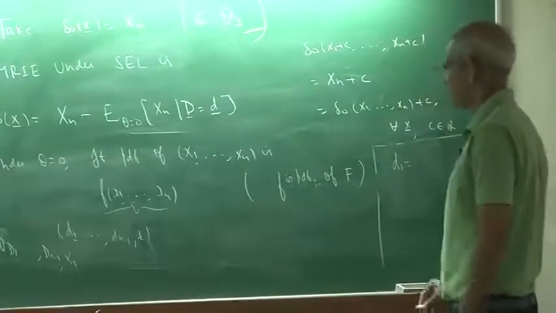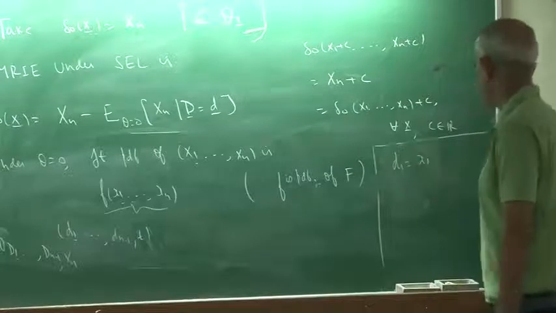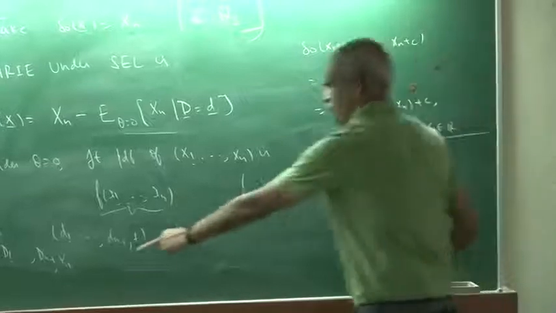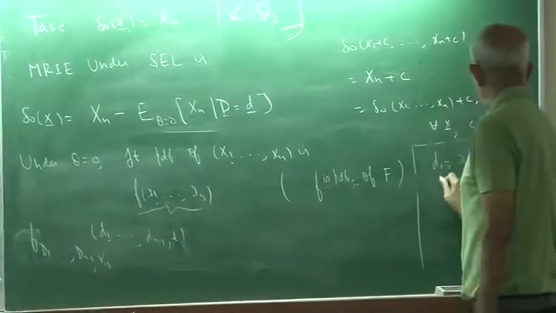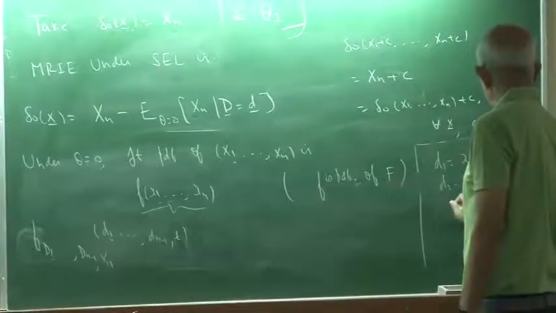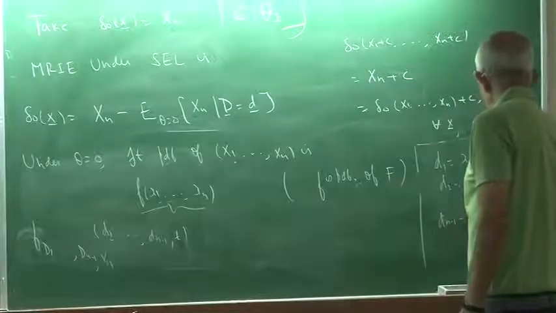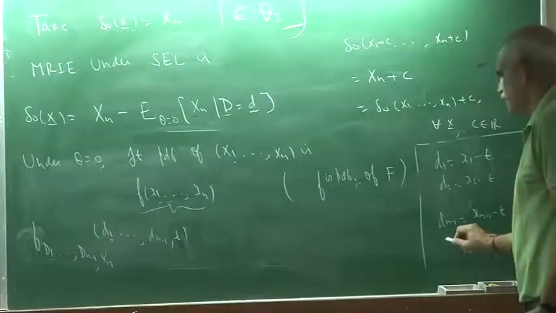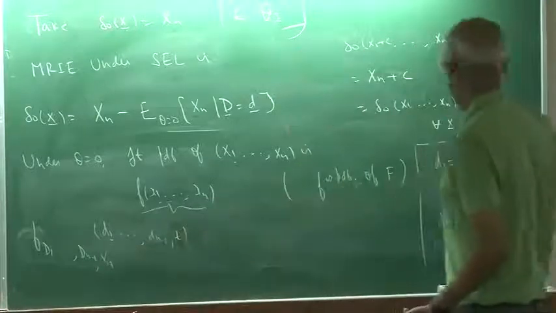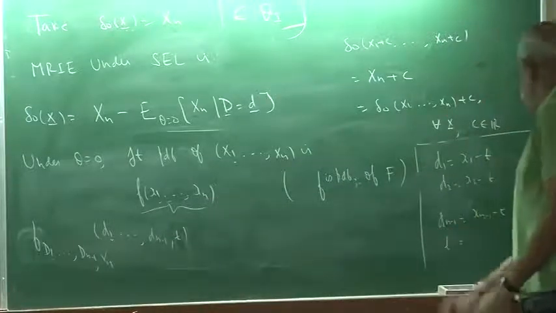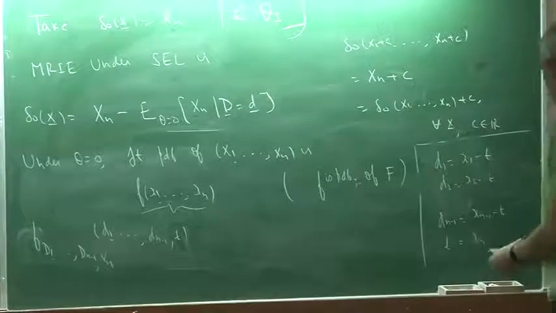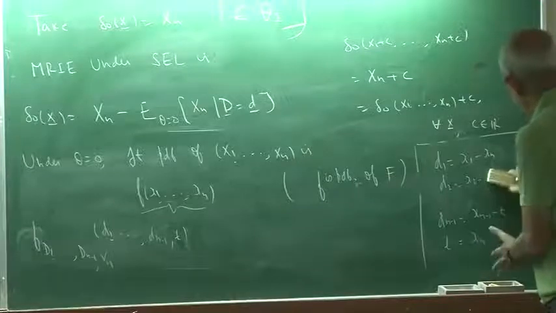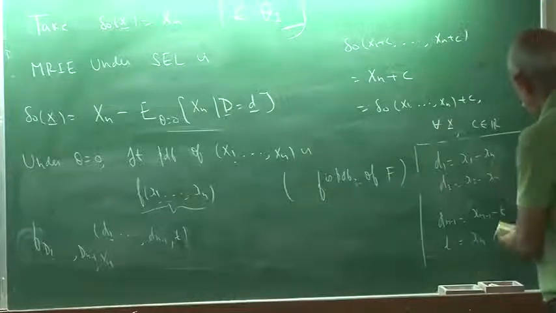So, the transformation which you have to make is d1 is the same as x1 minus xn, and here xn has been fixed at t. So, d1 is x1 minus t, d2 is x2 minus t, dn minus 1 is xn minus 1 minus t, and t is the same as xn. So, those are the transformations.